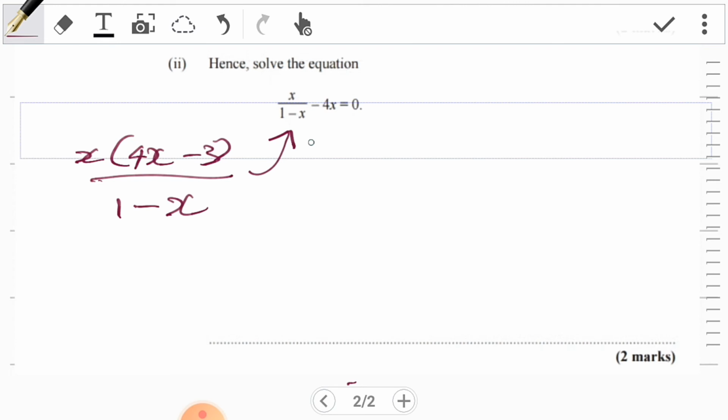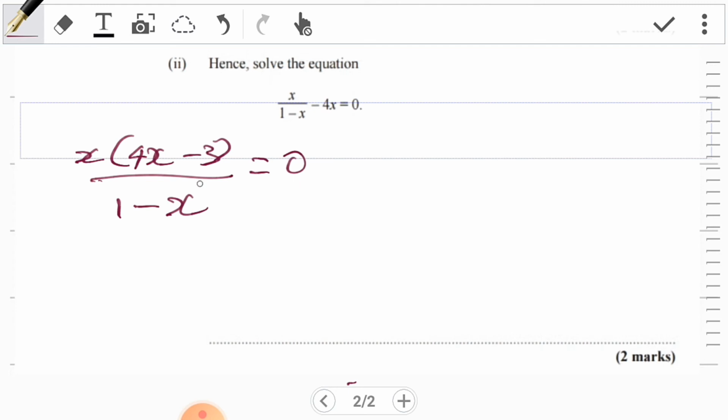All right, so we already wrote this here as this, which means then we could represent it for it. So instead of using this back, since they use the word hence, I'm going to have to use my last answer to equal to 0, because this is the same thing as that.